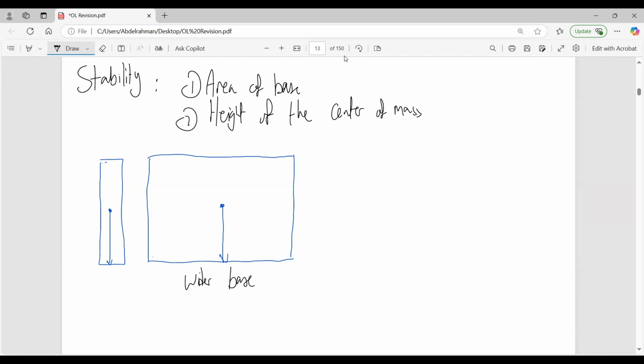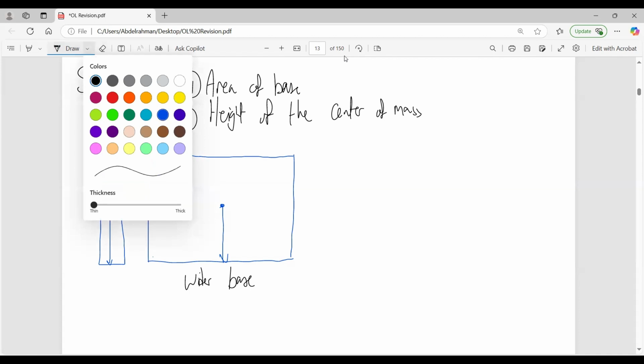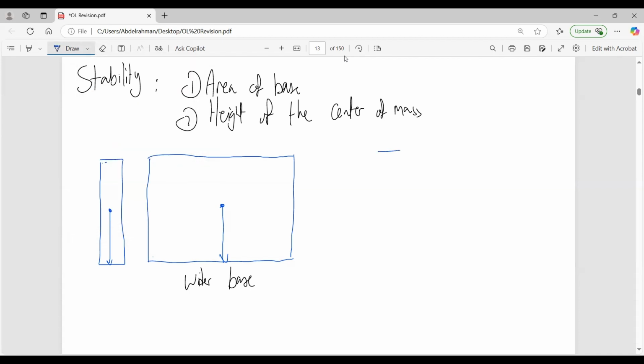But what if you change the center of mass? For example, if you have two objects, it's the same object again, but I have another smaller object with the same base. So it's the same area of the base. The center of mass is very high up in one, but this center of mass is very close to the ground.